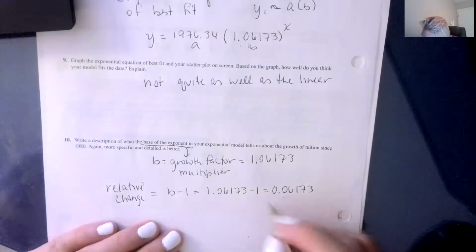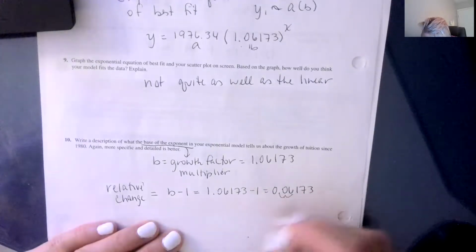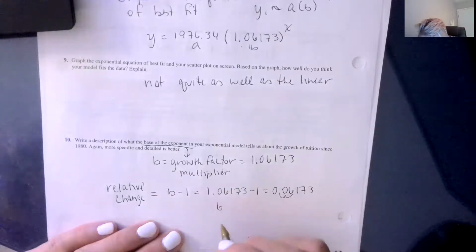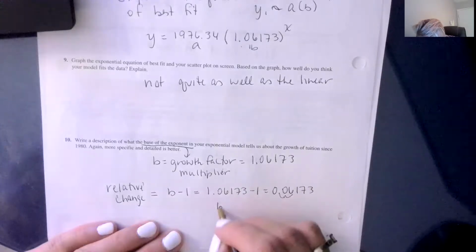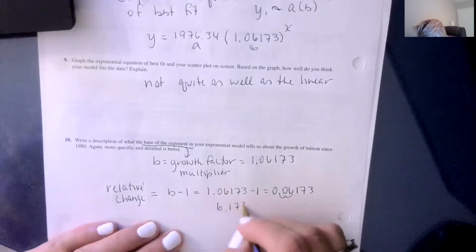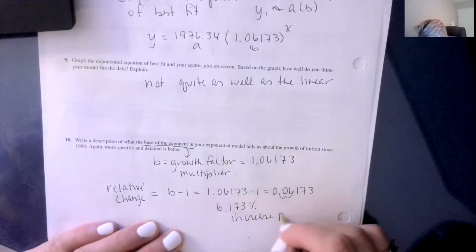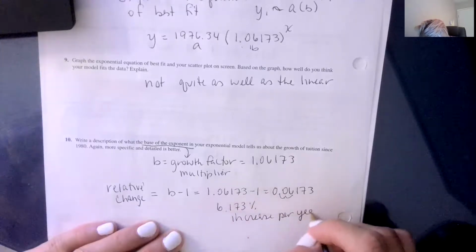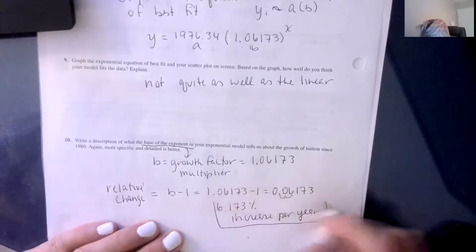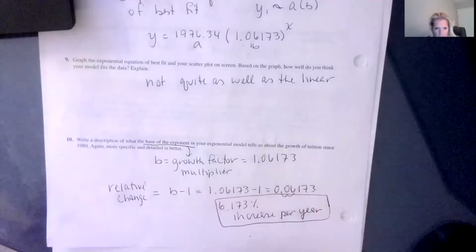And then we're going to turn that into a percent. So we move our decimal twice to the right. So it looks like a 6.173% increase per year, because this is a rate of change as well, right? Relative change is a rate of change.